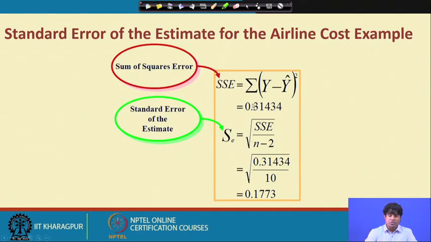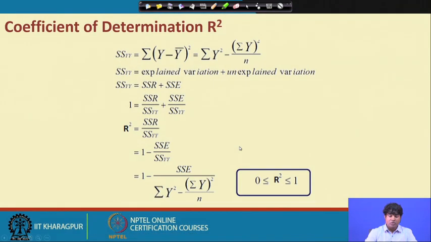The sum of squares error for this problem is 0.31, and the standard error of the estimate will be the square root of this component divided by n minus 2. So it is ultimately coming 0.1773.